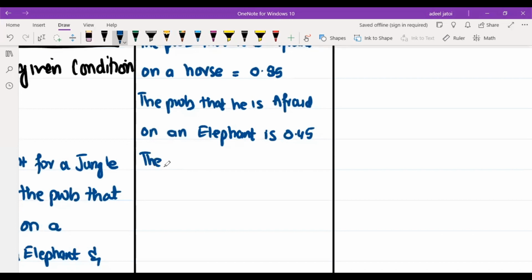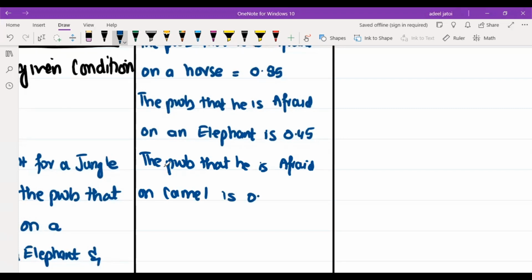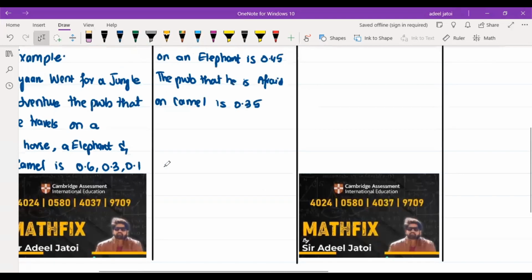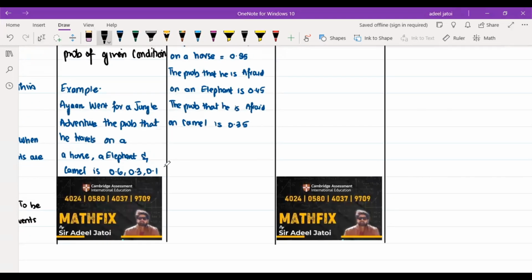The probability that he is afraid on a camel is 0.35. Now, considering the given example question, we can understand that there are two distinct events.